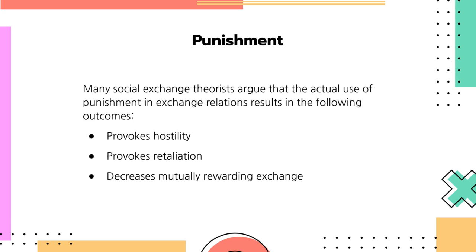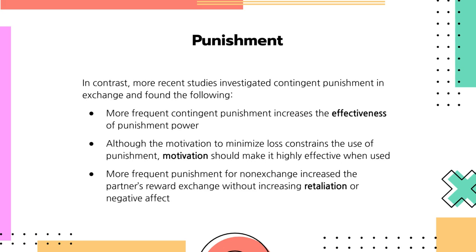So, like I said, initially you had some of the more traditional studies on punishment that said it provokes hostility, retaliation, and decreases mutually rewarding exchange. But some of the more contemporary investigations into punishment suggest that if it's frequent but contingent, so contingent on very specific dimensions of behavior or exchange or whatever the case may be, it tends to be more effective. However, the desire to reduce loss in that relationship constrains the motivation to inflict punishment or sanctions.